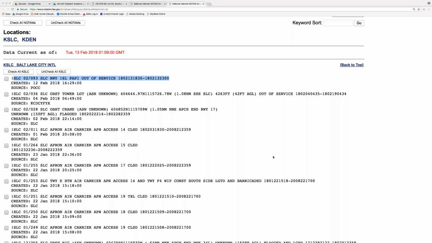Precision approach, I can't remember the rest. Precision approach path indicator. I just remember two whites, two reds, and you're good. Yep, perfect.